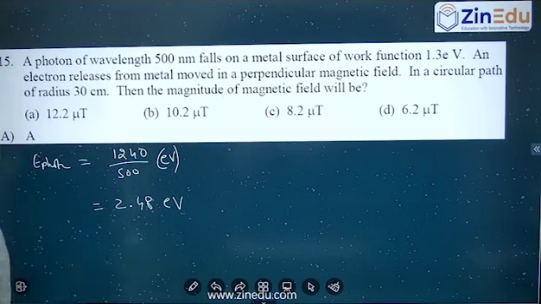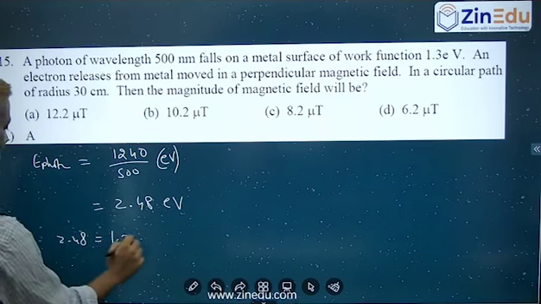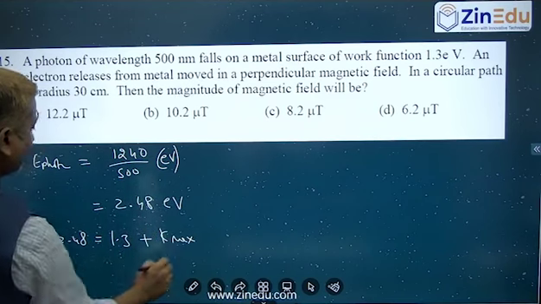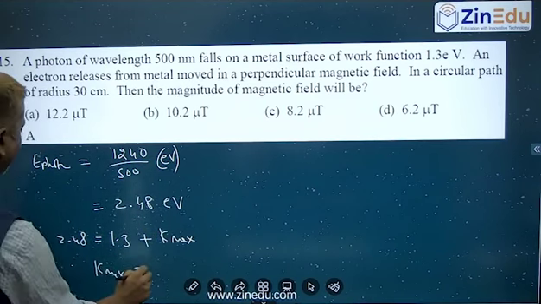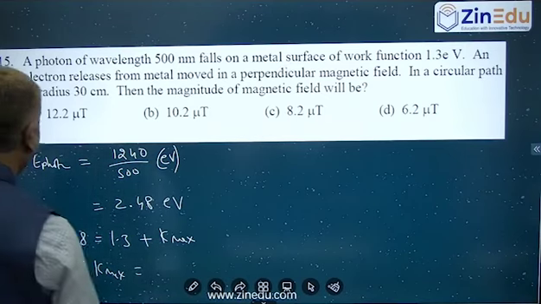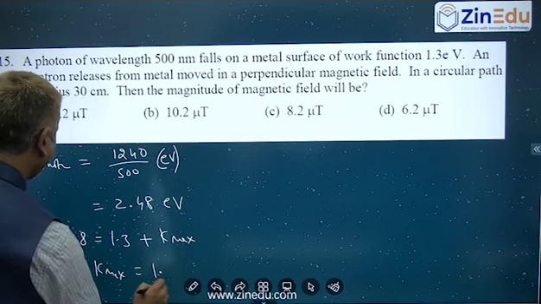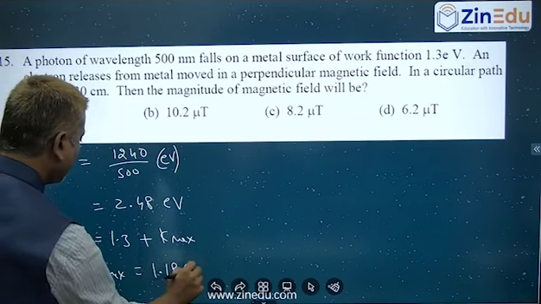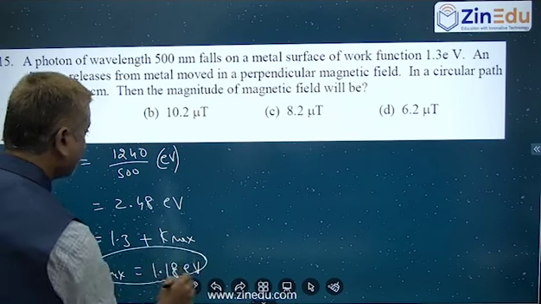And according to the photoelectric equation, the energy of this photon, 2.48, is equal to the work function, which is 1.3, plus K max. So you'll get K max. How much are you getting for K max? 2.48 minus 1.3 will give you 1.18 electron volts. This is the K max.